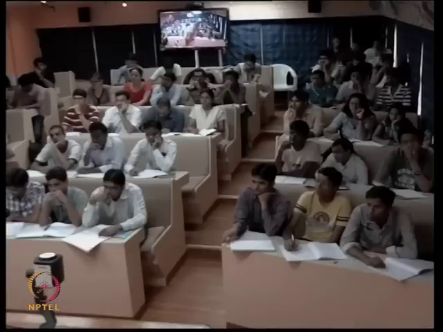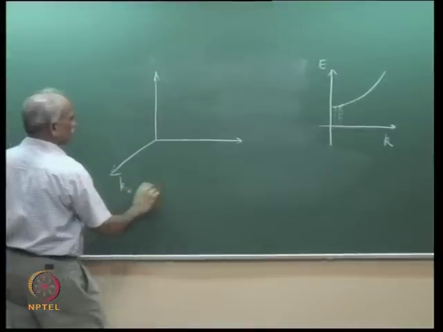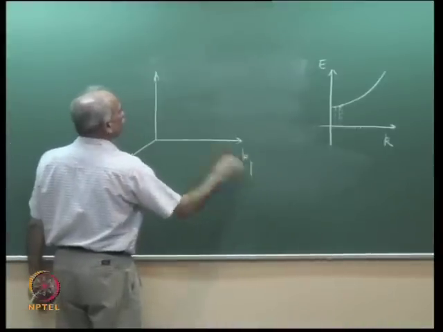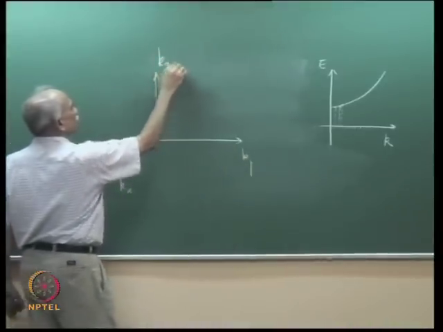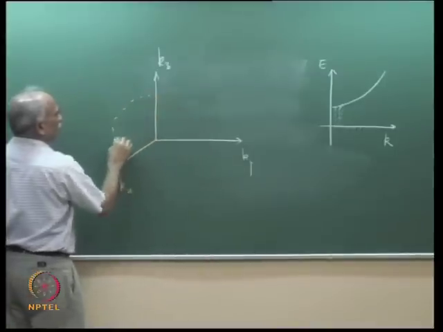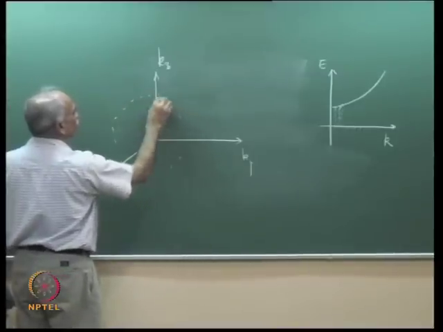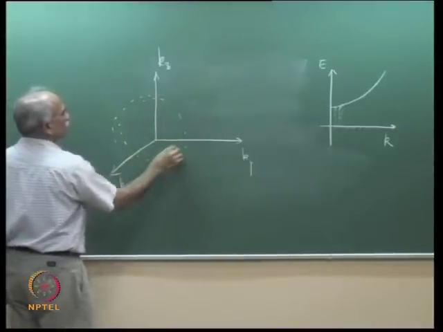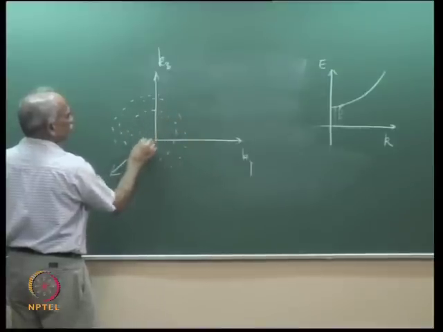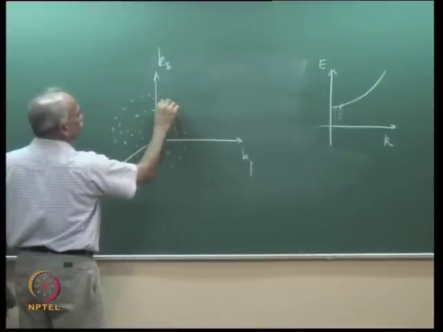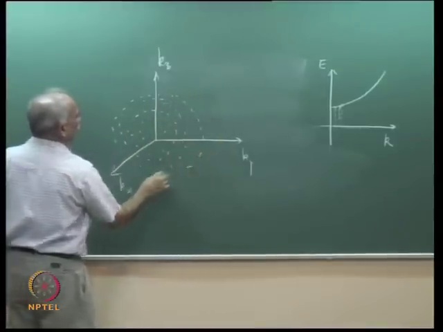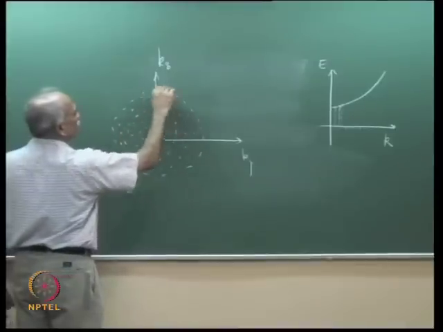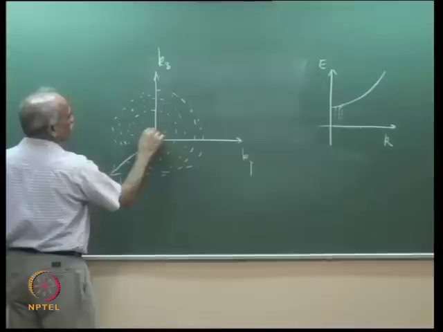So this is the K space, which means the axes are Kx, Ky and Kz. The number of points that we have here is an enormously large number, and literally every point here represents an allowed K value.